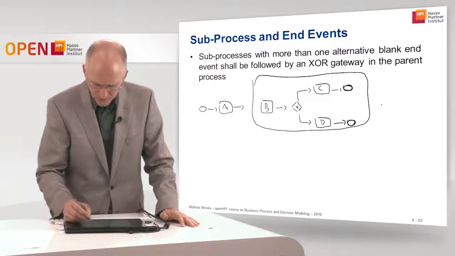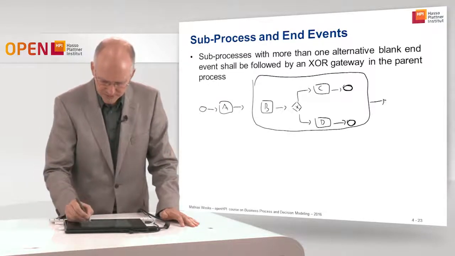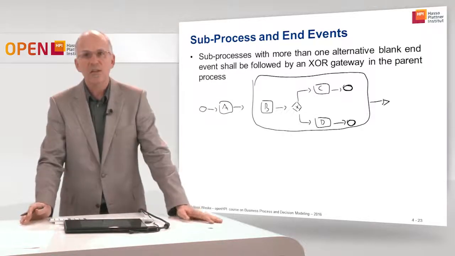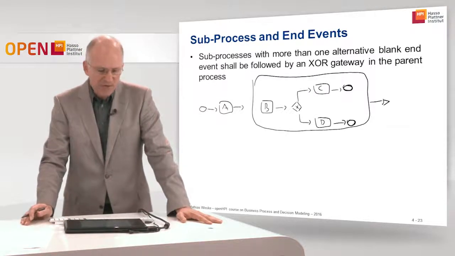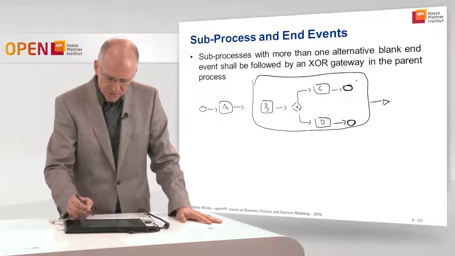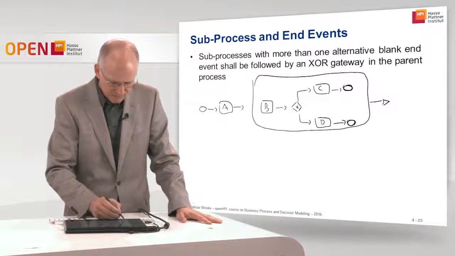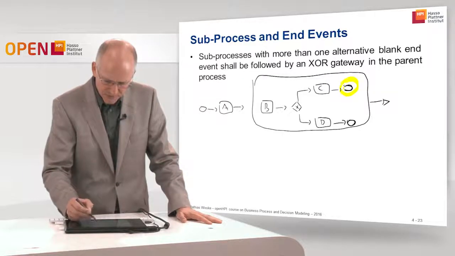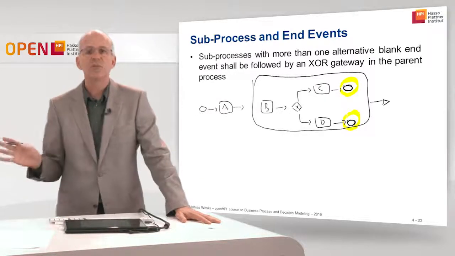And then what this guideline says is that if we have this situation, then after executing this subprocess, either this event occurs or that event occurs. Either of the two must occur.